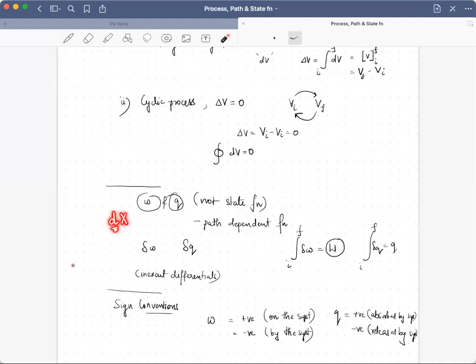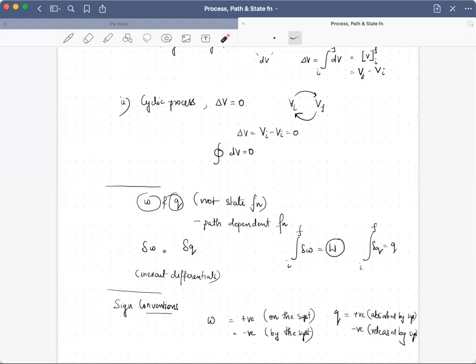Instead we use another kind of delta symbol, which is written slightly in a curled fashion. These are basically the inexact differentials. So work and heat, since they are not state functions, are represented with the inexact differential, like delta W and delta Q. You don't have to worry about understanding exact and inexact differentials because we are not going to use it too much.